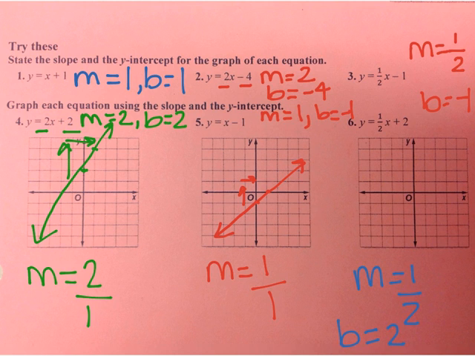So when x is equal to 0, my y value is going to be 2, which is right here. Now using my rise over run, I can go up 1 and then run 2. So if I go up 1 and over 2, my next point falls right here. I can draw my line through these 2 points, and I have my graph.